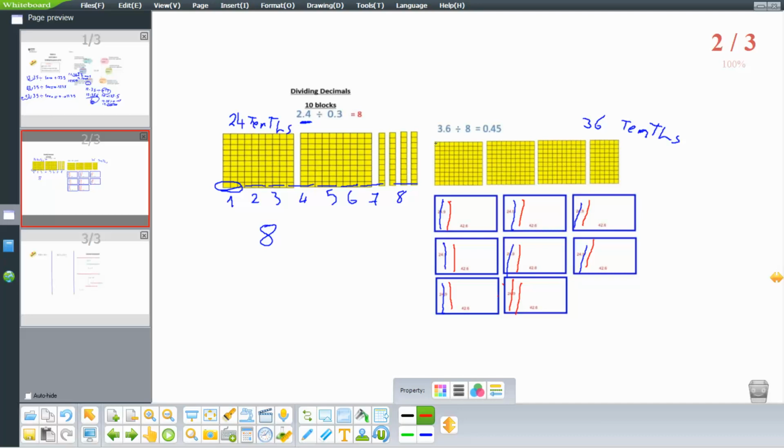Where 16 tenths means this, and we have 1, 2, 3, 4, 5, 6. Okay, so let's complete. We have another. Okay, 1, 2, 3, 4, 5, 6, 7, 8. We have another 8.